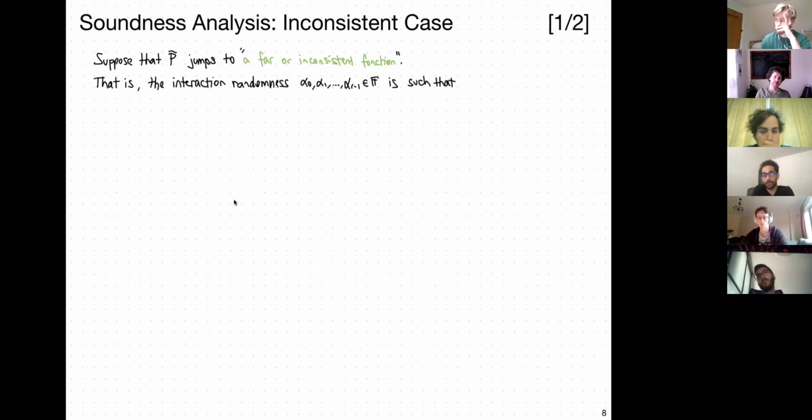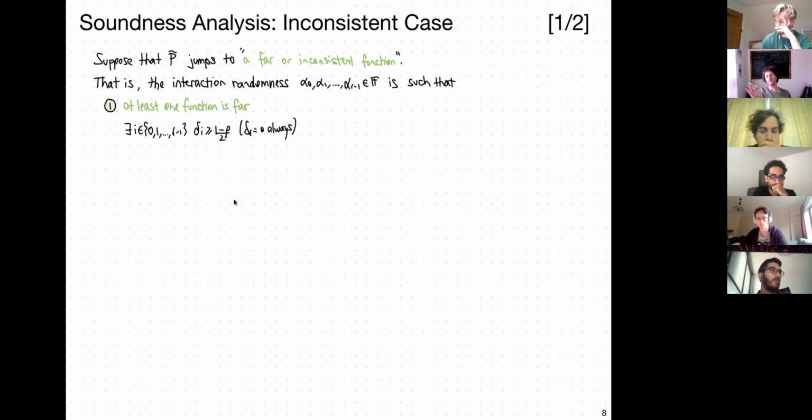What do you mean by that? One of the two cases. So this is exactly, by the way, the negation of the condition that we had before. Before we had two conditions that must hold, and now we have one condition or the other. So either there exists at least one function which is very far from the code, outside of the unique decoding radius.